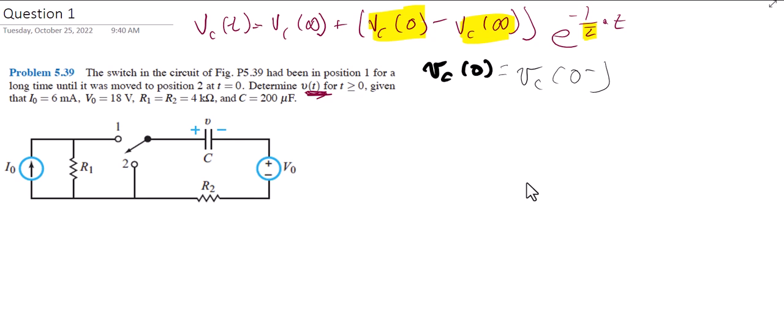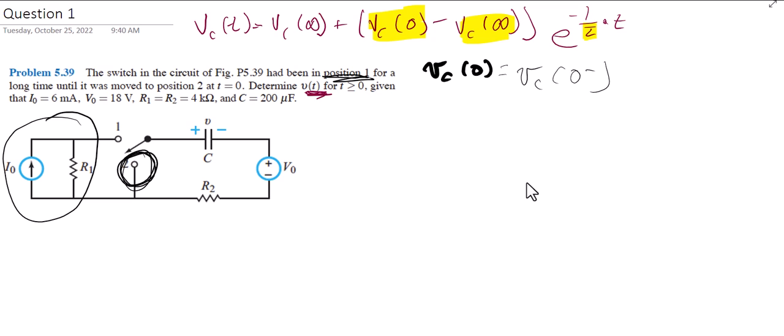Okay, so it was in position 1. That means that this part right here is not coming into play at all. And because I don't like current sources, I'm immediately going to do a source transformation on these two right here.